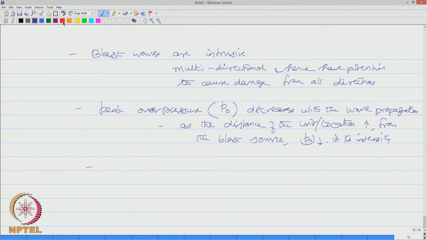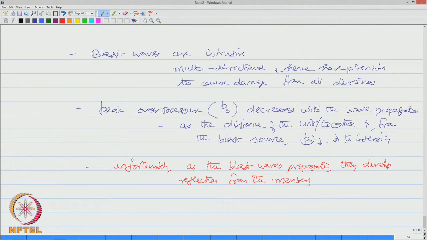But unfortunately, as the blast waves propagate, they develop reflection from the structures encountering them.